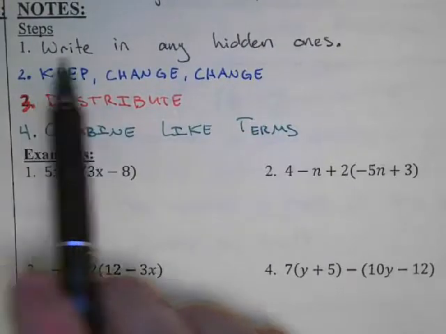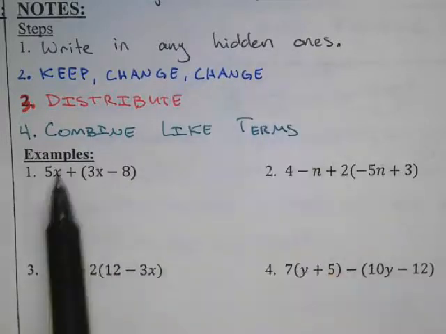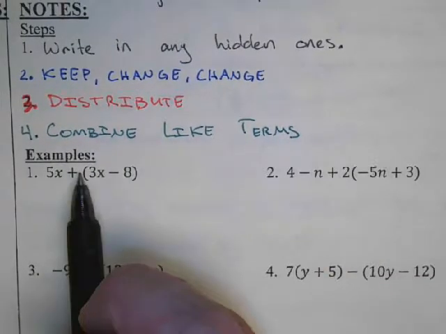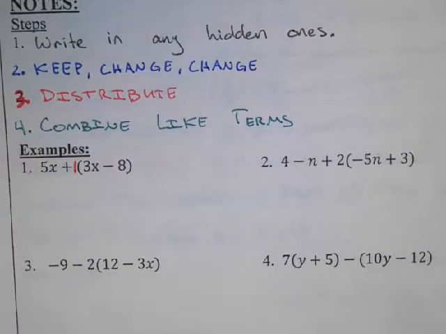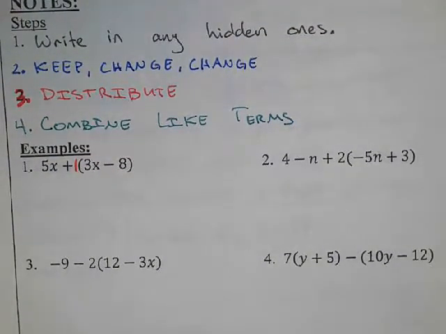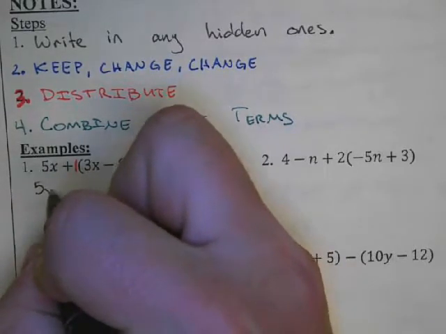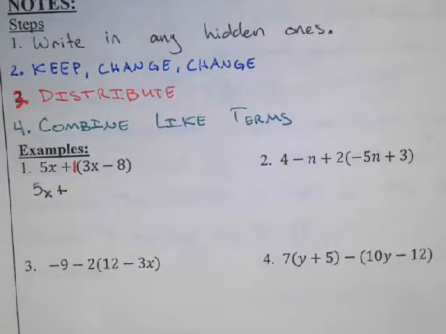my first step, write in any hidden ones. So what that means is if there's a parentheses with no number in front of it or a variable with no number in front of it, we'll go ahead and write that 1 in. There we go. Now, is there any subtraction that we need to use keep, change, change on? Well, there is. So I'm going to have my 5x plus, bring down that 1.